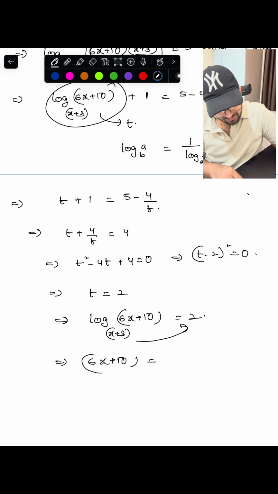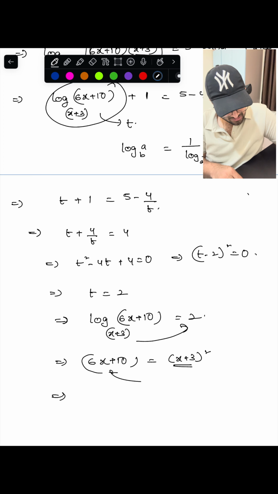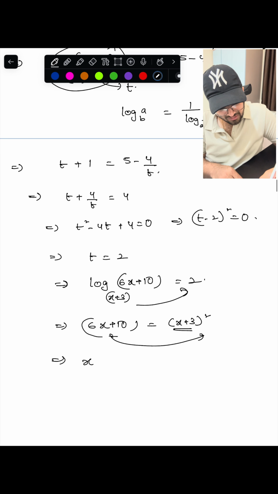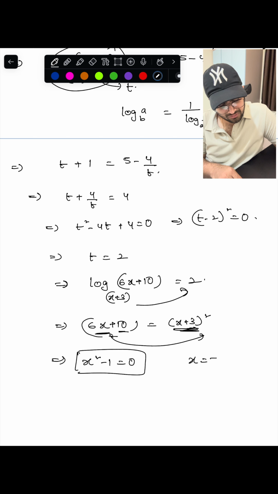If you take this one to this side, you will get x plus 3 whole square. So if you square it up and take this to this side, you will get x square. Here plus 6x and here minus 6x, you will be getting 0. Next 9 and 10, you will get x square minus 1 equals 0. So x equals plus or minus 1 solutions.